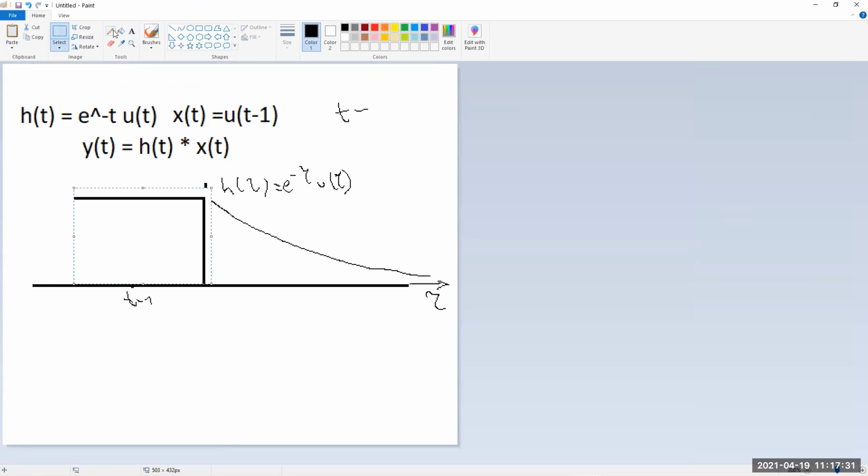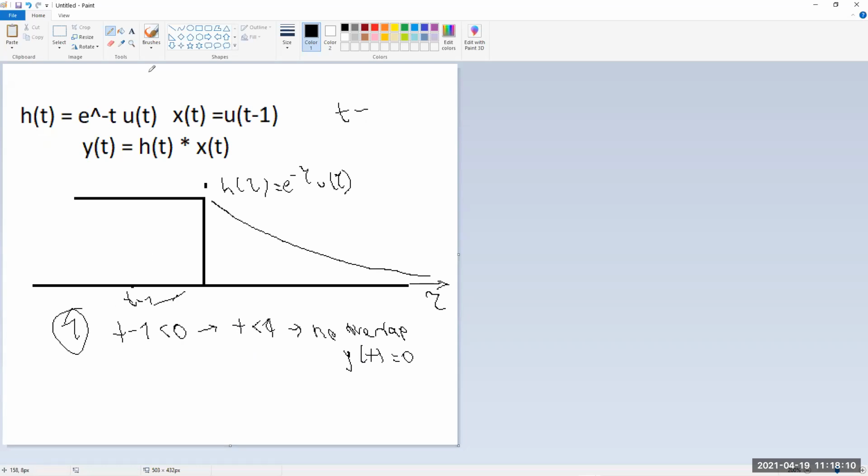And up until t minus 1 becomes 0, it can be said that for that part, t is less than 1, and there is no overlap, and then the y(t) becomes 0 for that part. Okay.